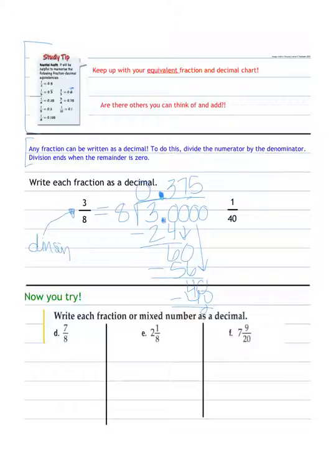So I didn't really need this extra 0. I just like to add a bunch of zeros, and then if I need them, I need them, and if I don't, then they're just extra. So 3/8 is the same as 375 thousandths, or 0.375.